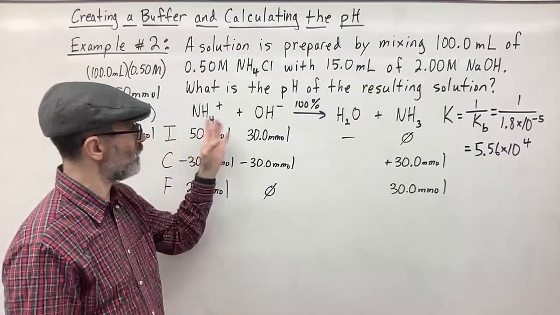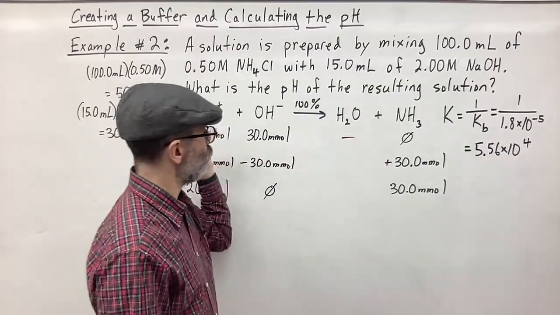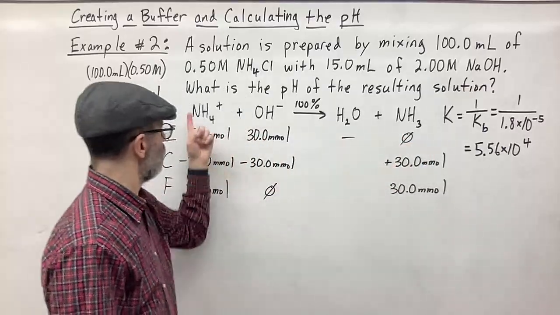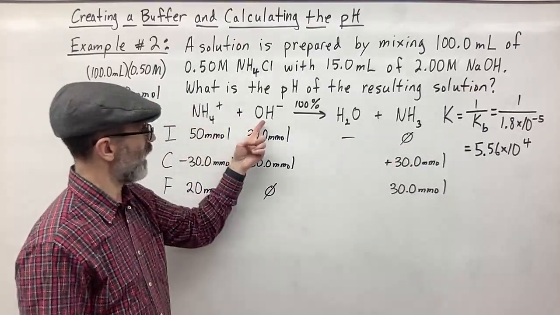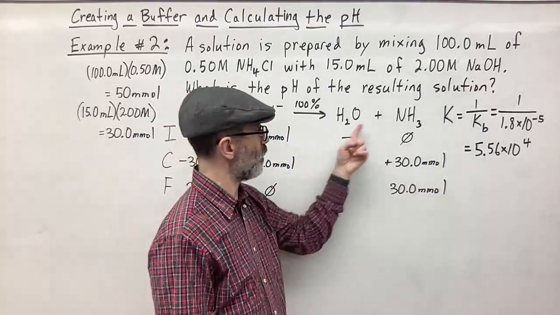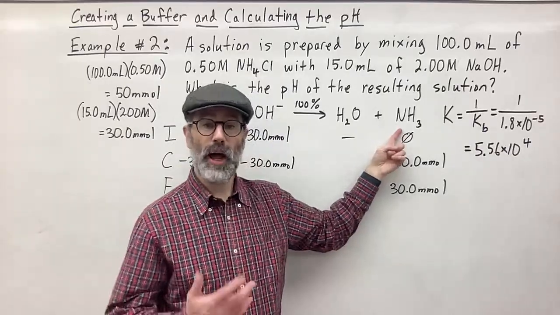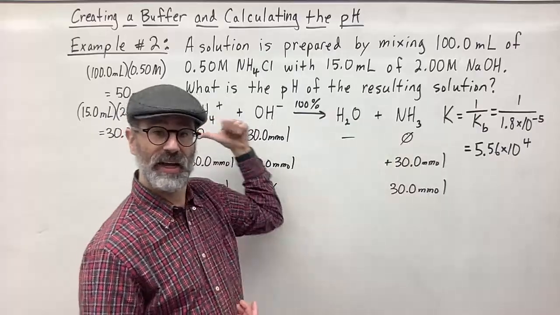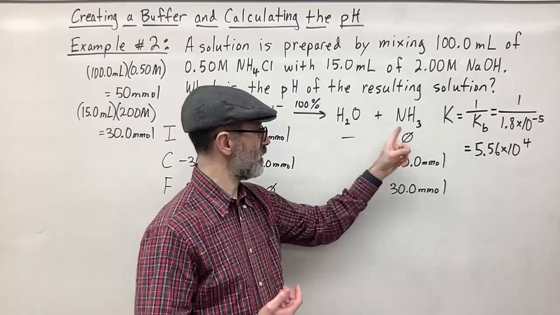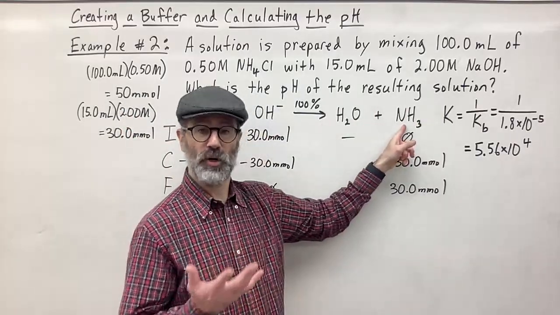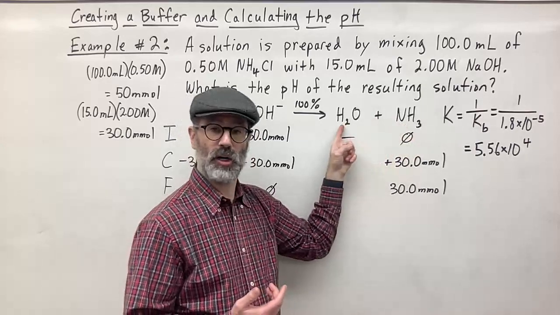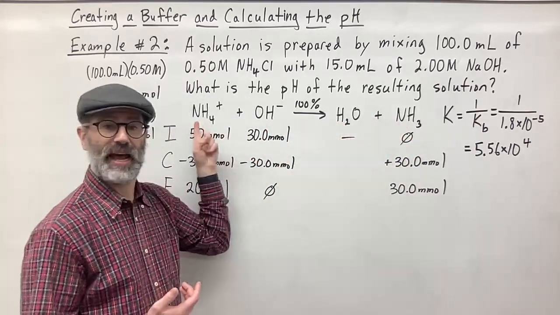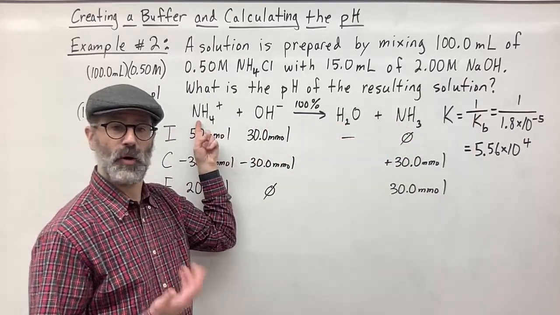If you go this way, you get the ammonium ion reacting with hydroxide to give you water and ammonia. Well, if you pay attention, you'll notice that if you go this way and we look at these as reactants, you have ammonia reacting with water to give you hydroxide and the conjugate acid, the ammonium.